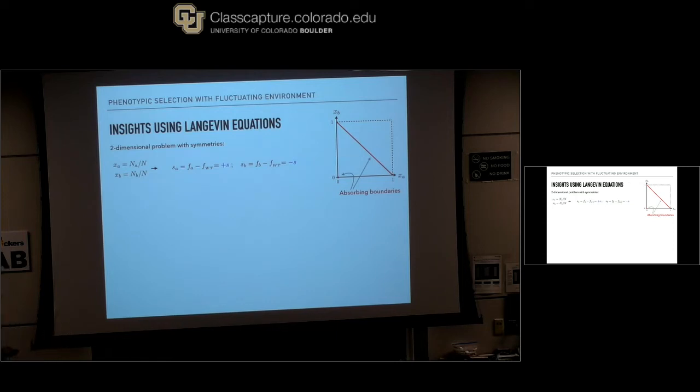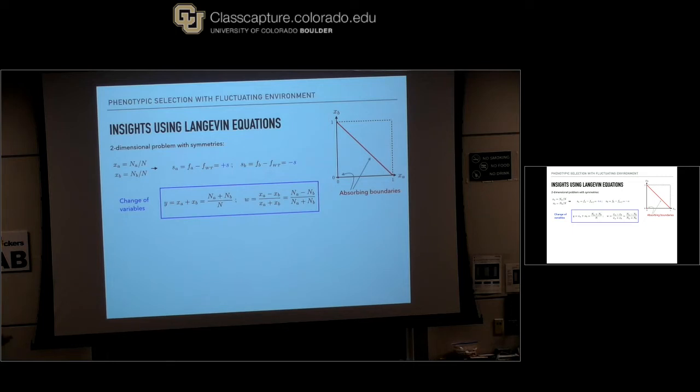And so if you're clever, like Federica and Julia, then you would be able to figure out that the right change of variables is the sum, and the relative asymmetry between the two phenotypes. That would be the difference divided by the sum.